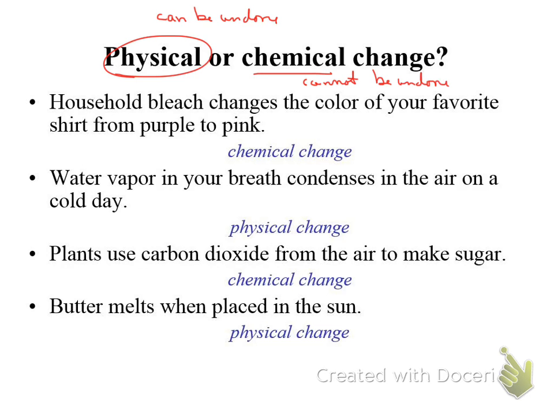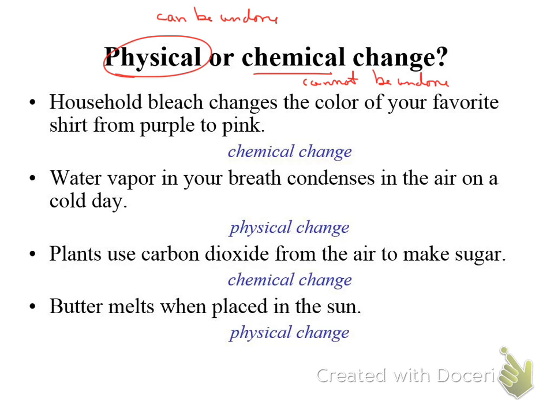So with that in mind, if you look at accidentally spilling bleach on something, it can be undone if you get one of those Rit color things and try to put color over it. But you can't undo that. So that's an example of a chemical change. Of course, when you exhale, and you see your breath on a cold winter day, the reason you see your breath is the water vapor is condensing.